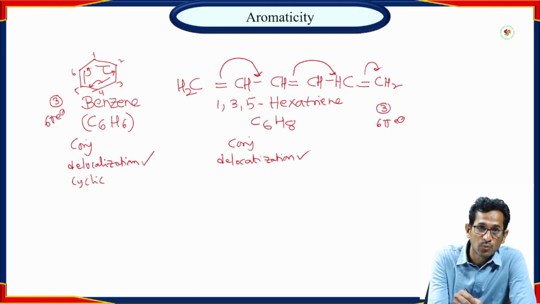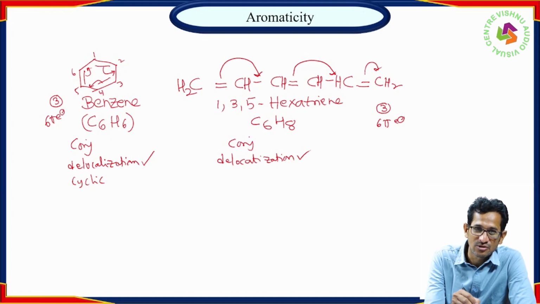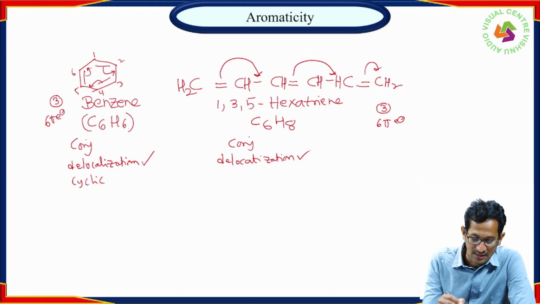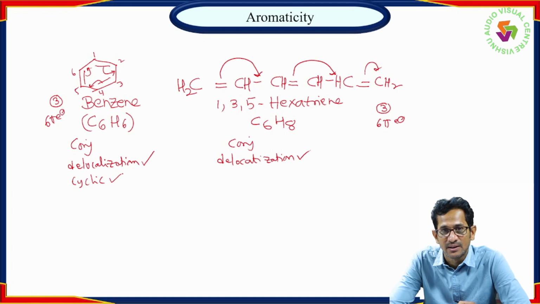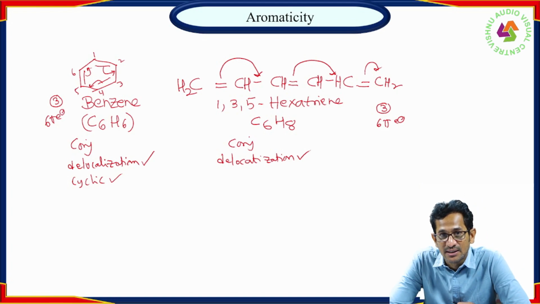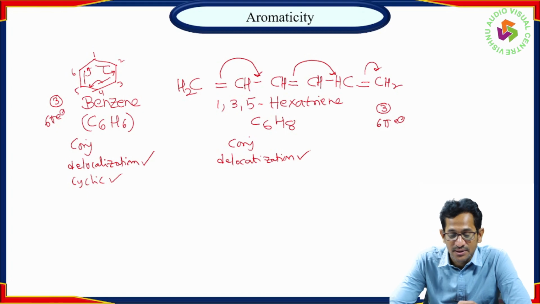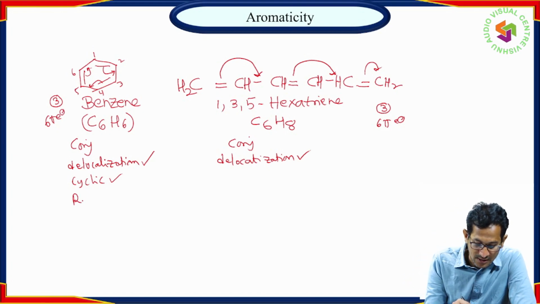It starts with 1 and ends with 6 in the first pattern, and then continues, the delocalization is not stopping at any point. That is cyclization, the continuous delocalization. This continuous delocalization leads to resonance.